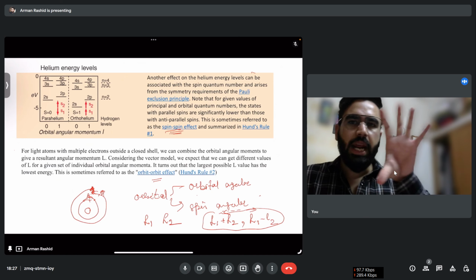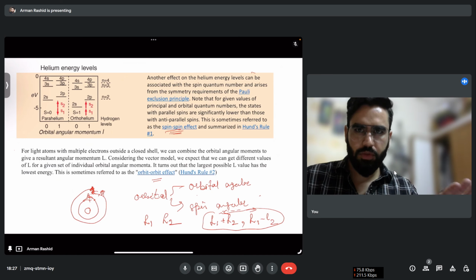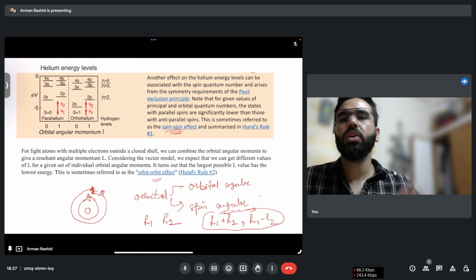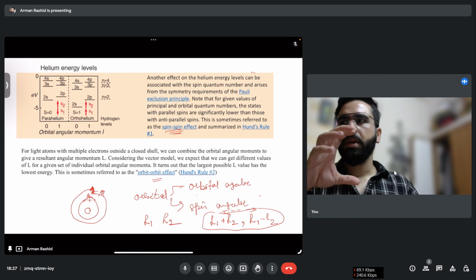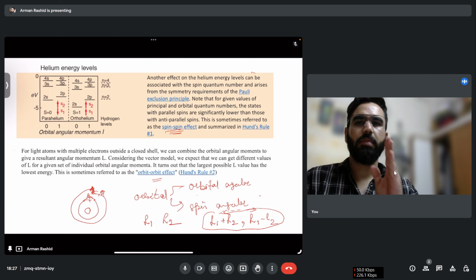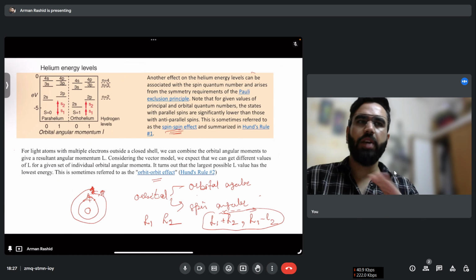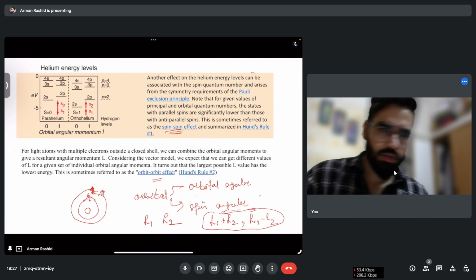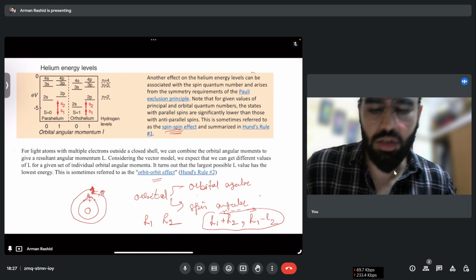Now we can add both the spin and the orbital angular momentum. Let's leave the spin first. First we have to add the total orbital angular momentum for both electrons, for example. That is given from L1 plus L2 to L1 minus L2, so we have to do the vector summation. This is called the Clebsch-Gordan series.